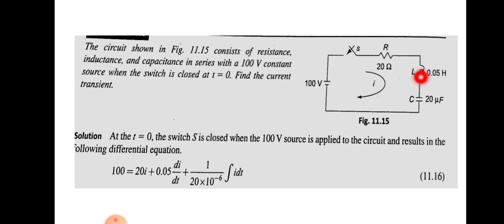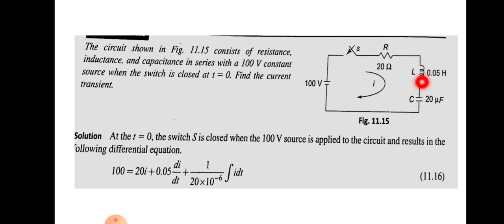So once the switch is closed, we expect the current to flow, but the inductor will oppose the flow of current, so at t equal to 0 plus the inductor remains an open circuit.